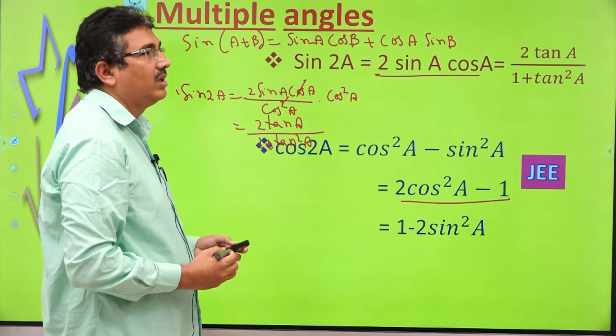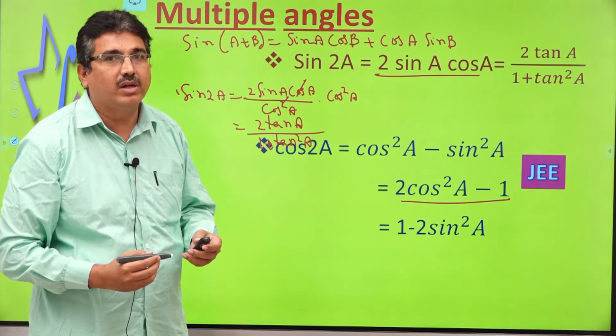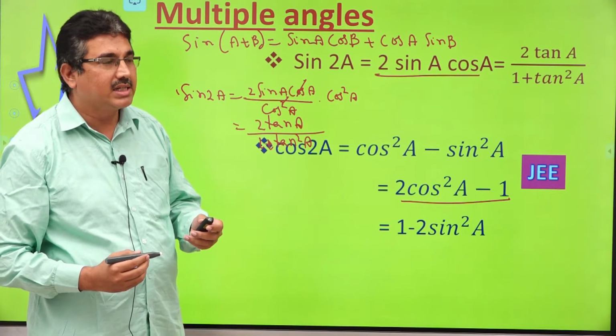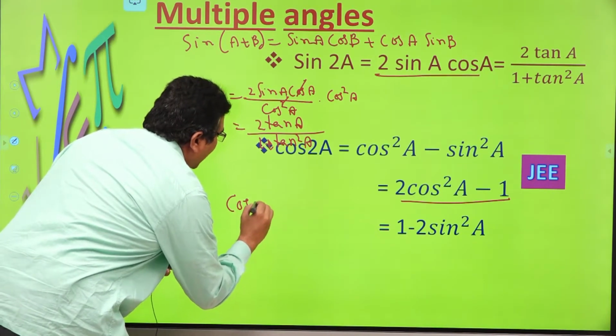Now, what is the formula for cos 2A in terms of tan A?